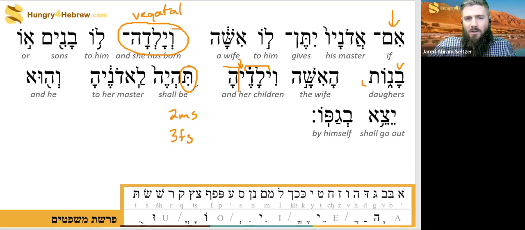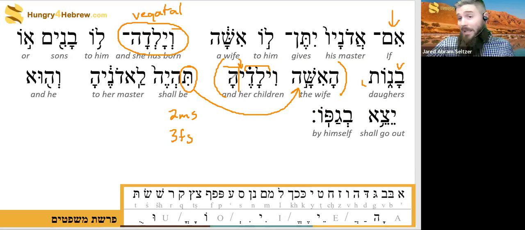So what's happening here is that the verb is matching up with ha'isha, and then viladeha are kind of thrown into the mix. But in English, if we were to say this, we would have to have a plural verb. We have a woman and her children. That's more than one, so we're going to have to make it plural. We wouldn't say the woman and her child is. We'd have to say the woman and her child are.